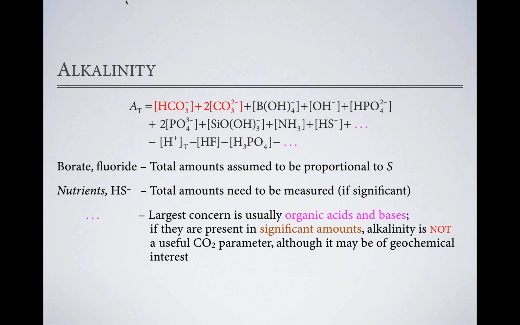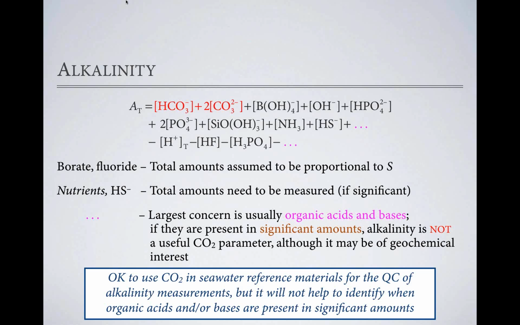But you have to figure out how much there is before deciding that it's necessary to ignore acids and bases, and you've already got too much information at that point. So it's a little bit difficult. We can maybe talk more about this in questions.